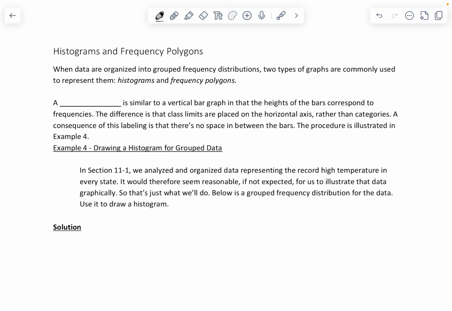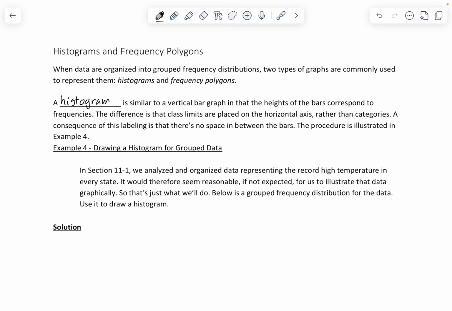When data are organized into grouped frequency distributions, two types of graphs are commonly used to represent them: histograms and frequency polygons. A histogram is similar to a vertical bar graph in that the heights of the bars correspond to frequencies.